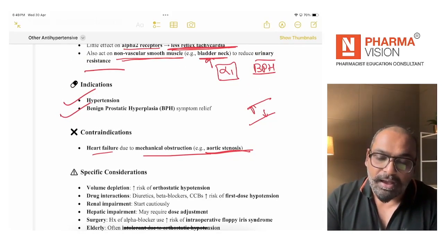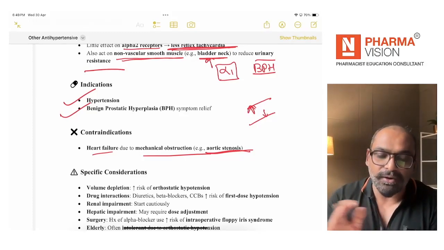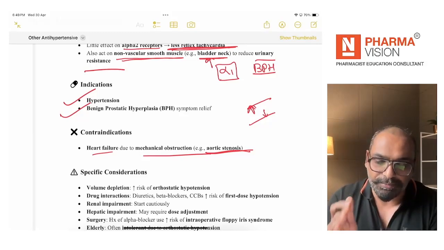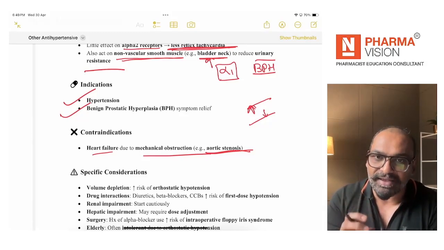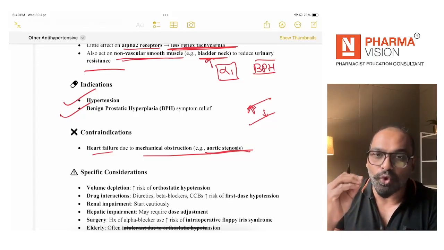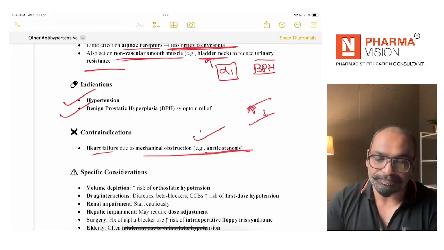If the vasoconstriction is due to some other problem, then we can give vasodilatory medications. But if mechanical obstruction is there and due to that heart failure, in that situation we cannot dilate the blood vessels, otherwise that can cause severe problems.